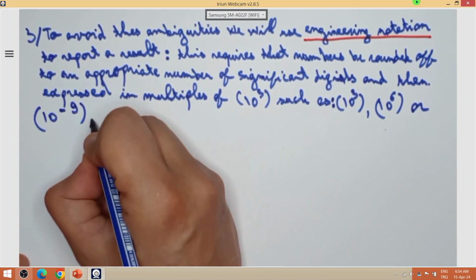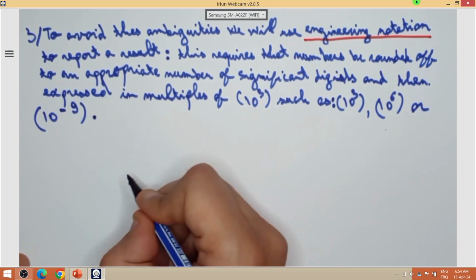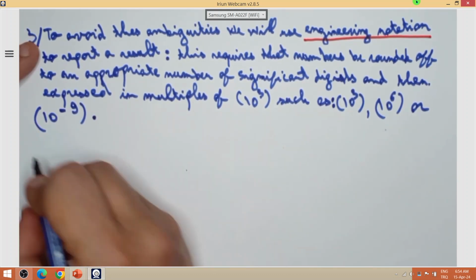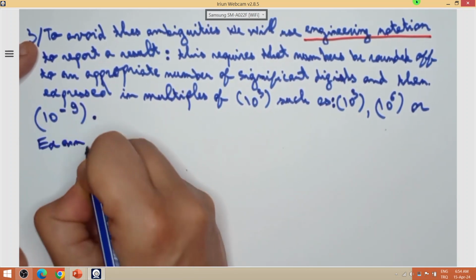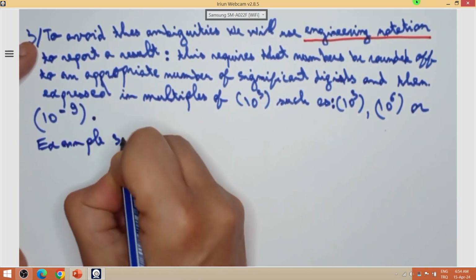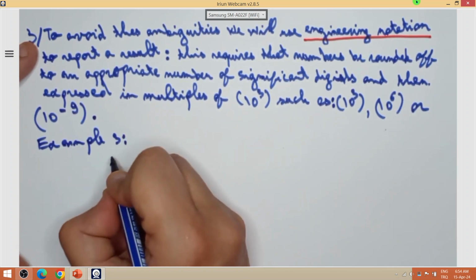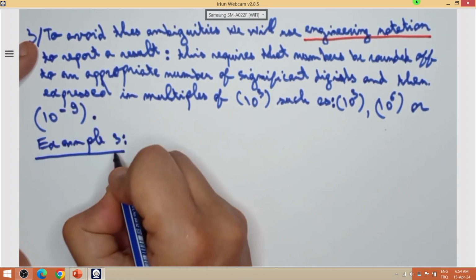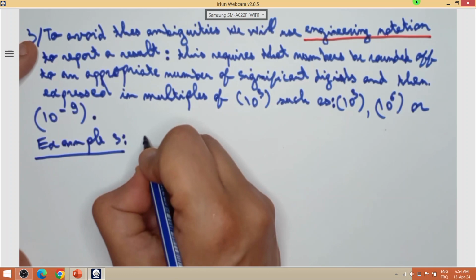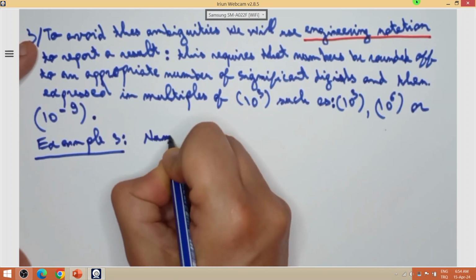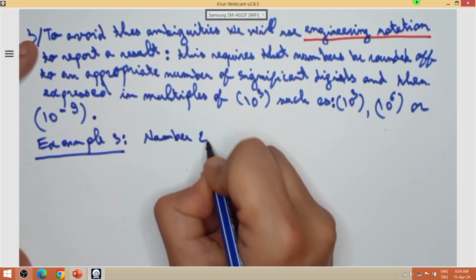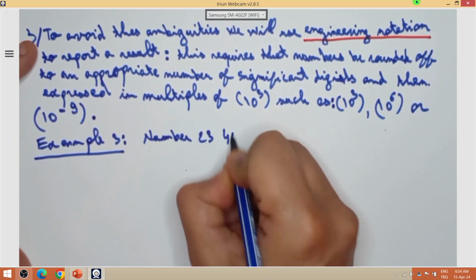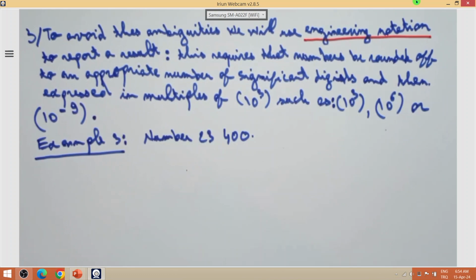And with this note we'll see an example, which is example 3. In this example we will see another number, which is the same number that we have seen in example 2, which is still 23,400. So we study this example.